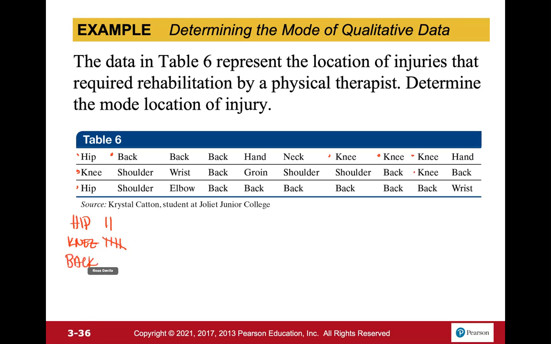We have 1, 2, 3, 4, 5, 1, 2, 3, 1, 2, 3, and one more. That's back. Next is shoulder. We have 1, 2, 1, 2. That's it for shoulder.